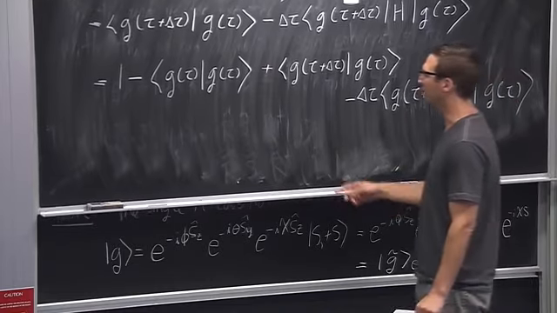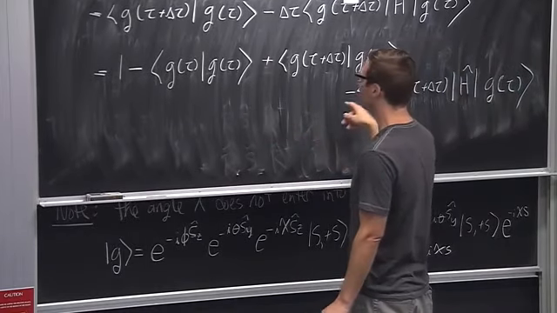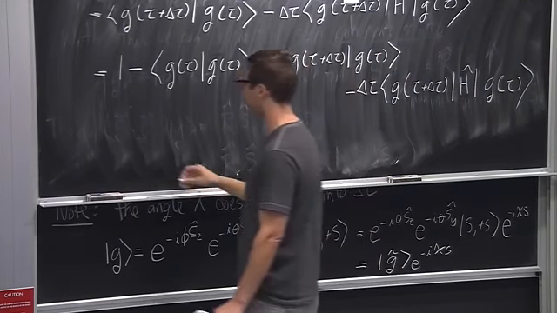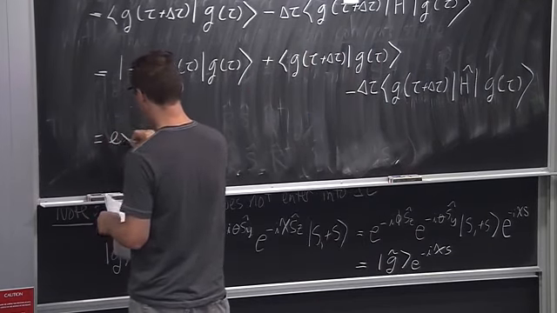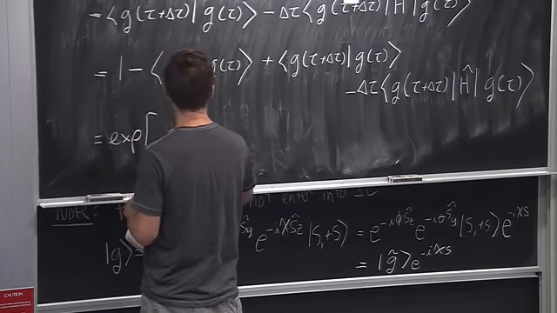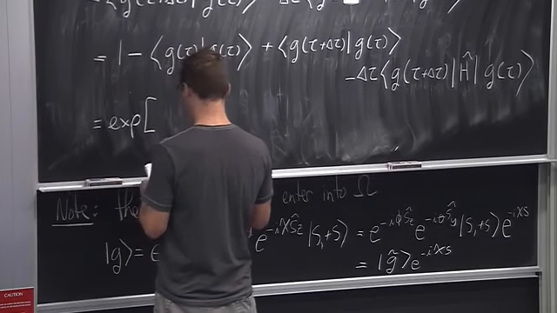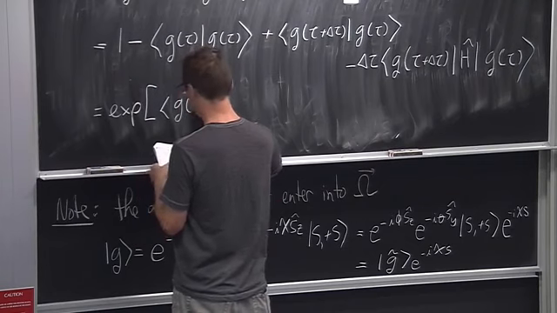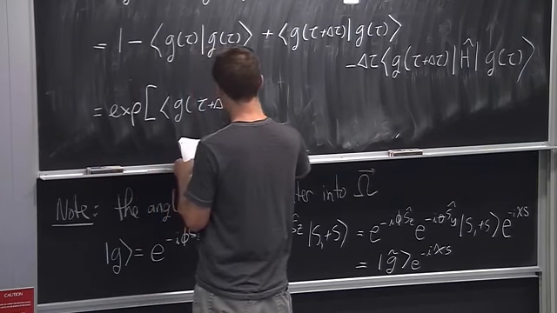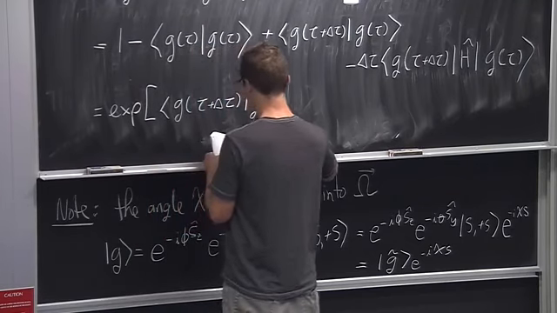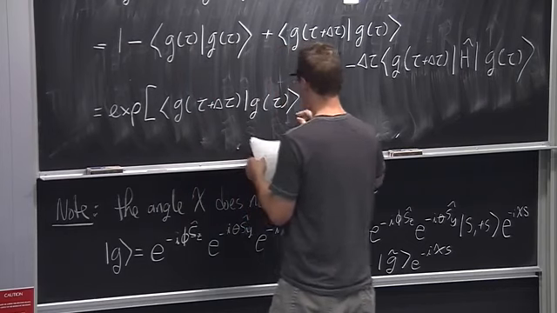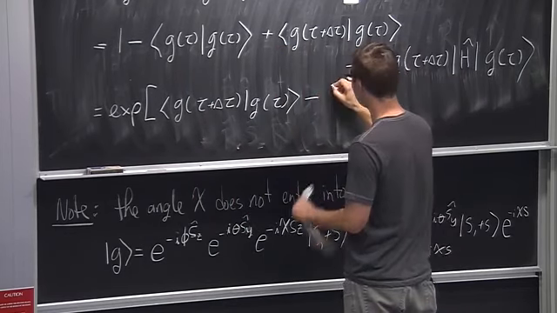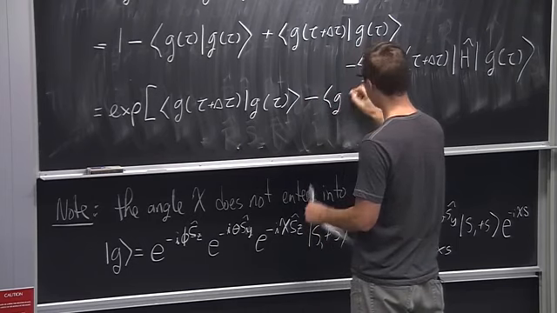I don't know why I think this is weird, but I'm just going to re-exponentiate this thing. So I just have 1 minus something, right? So this is just going to be exp of G tau plus delta tau, that's this term. I'm going to minus this term just to write it in a different way.